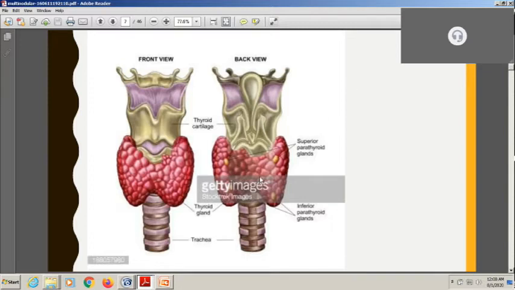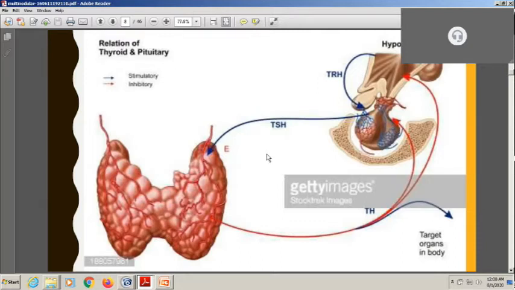Now before starting the goiter, I will tell you the relationship of the thyroid, pituitary and hypothalamus. So there is one mechanism which is called the negative feedback mechanism of the thyroid gland. Now the thyroid gland is directly related to both the hypothalamus and pituitary.